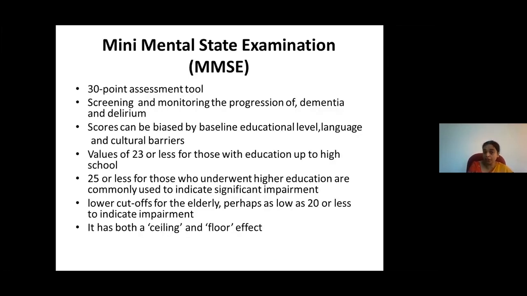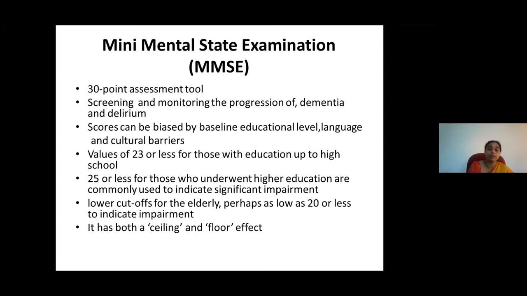In addition to that, we have to understand that, as it is commonly used, the MMSE has a ceiling and floor effect. What we mean by ceiling and floor effect is that if you score 30 out of 30, that doesn't mean that you do not have cognitive impairment, because it does not assess some components of cognition. People may have some cognitive impairment that is not assessed by MMSE; that is the ceiling effect.